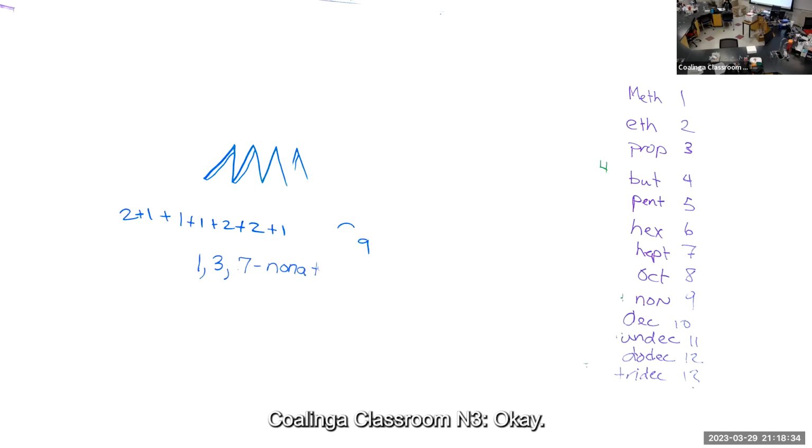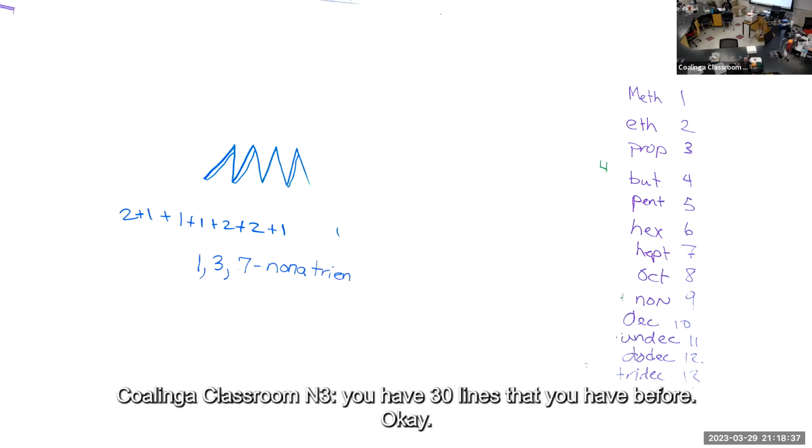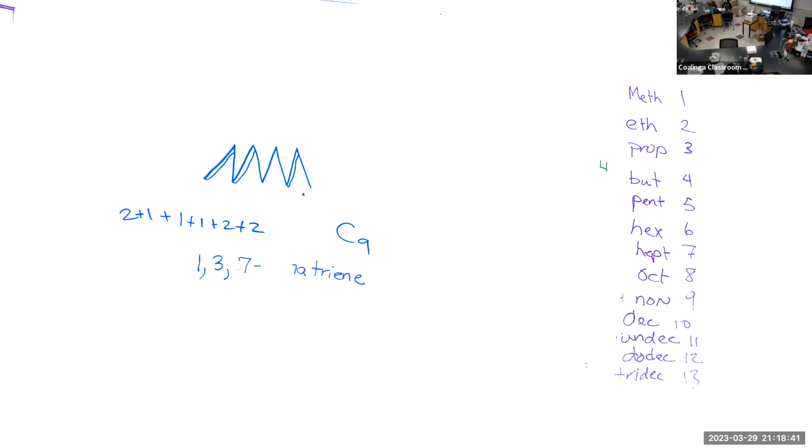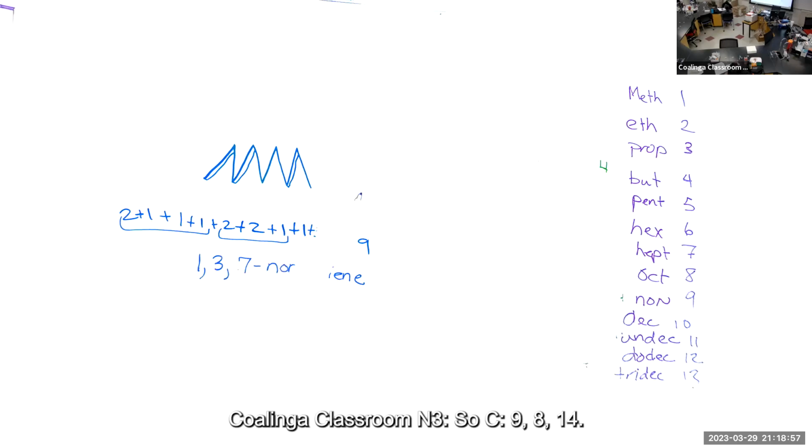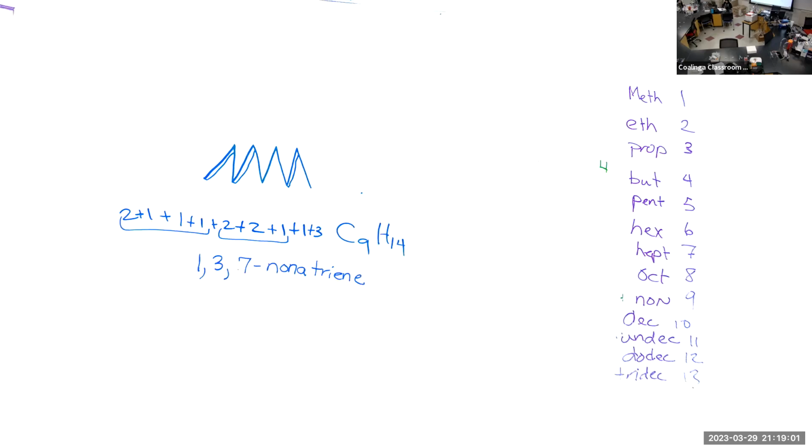So here you have 3 lines, that's gonna have to be 1. Okay. And then here. How many lines do I have? Okay, so add that all together. Okay. So C9, 8, 14. Okay. Got it.